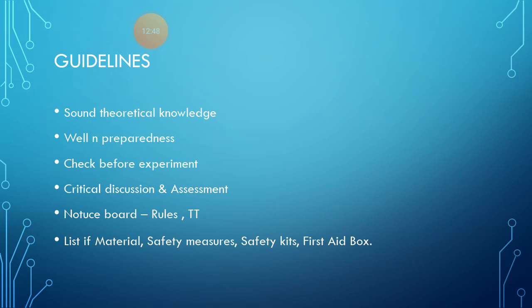Without sound knowledge, they cannot perform the activity properly, and you cannot get success in achieving the objective. So sound theoretical knowledge is essential to the teacher and the learner for effective lab work.